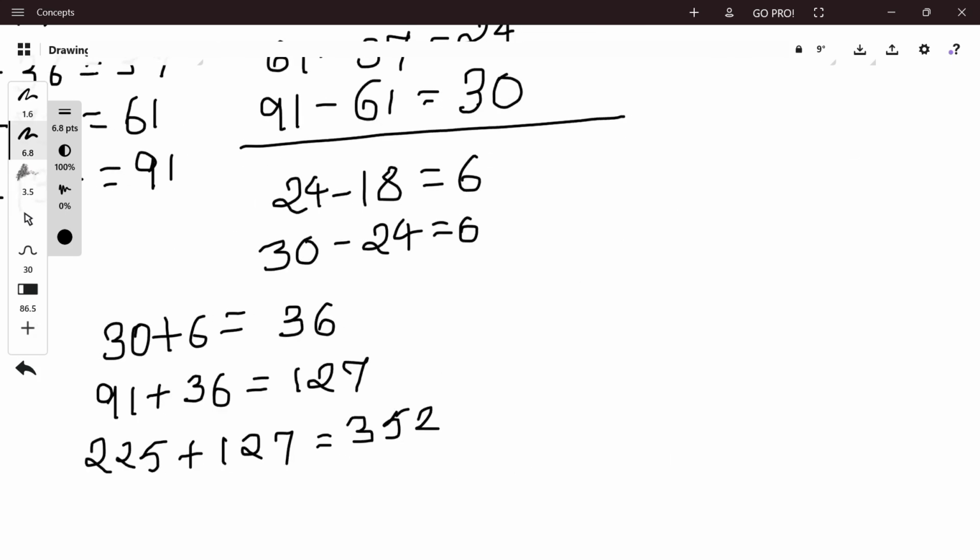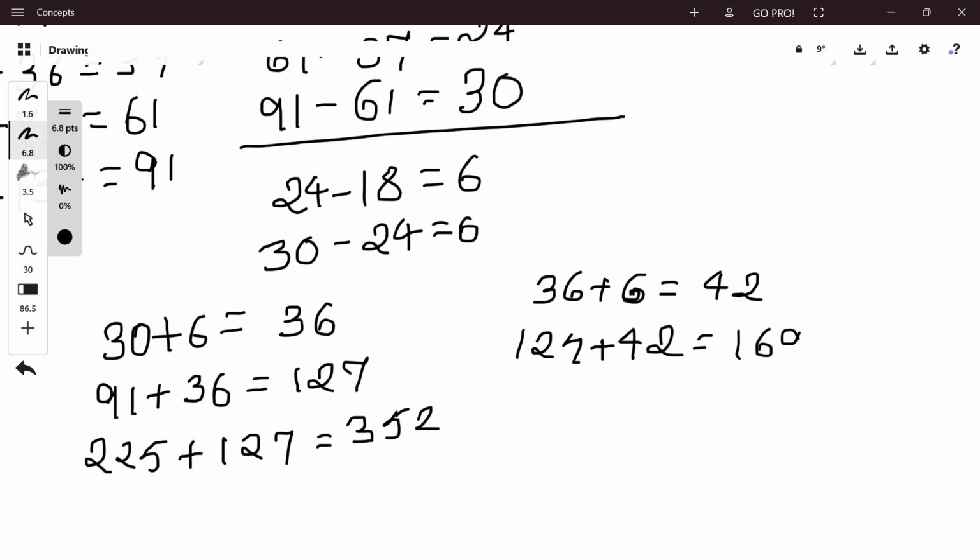And the next second difference after 36 will be 36 plus 6, which is equal to 42. And the next first difference after 127 will be 127 plus 42, which is equal to 169.